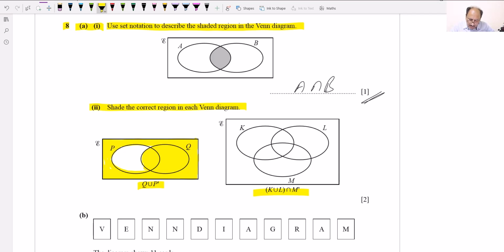So it should be not in M, but it should be intersection, common in K union L. So that will be this portion which is not in M, but it is in the union of K union L. So this is the region which we need to draw. For these type of Venn diagram shading questions, you need to practice a lot.